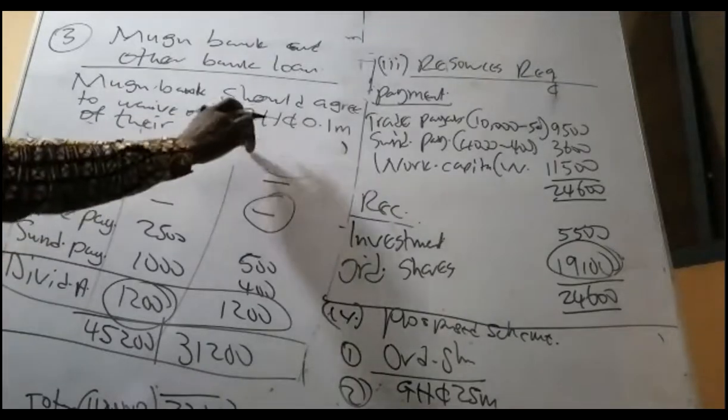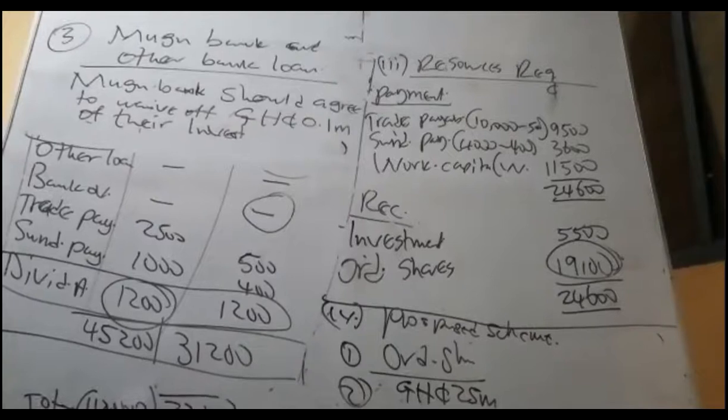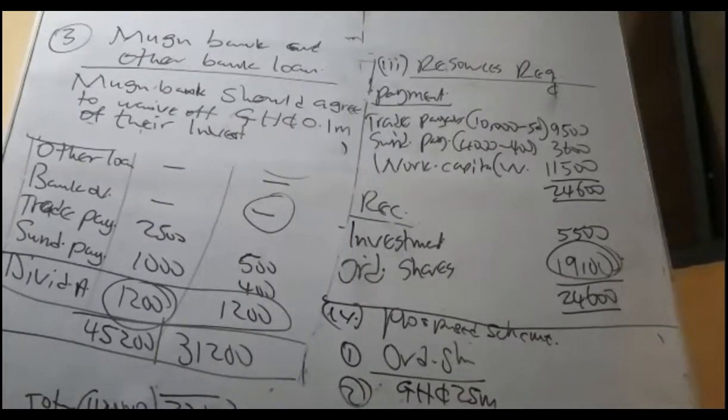Or we can continue with the remaining balance being secured on what? They have secured their own on the land and building.